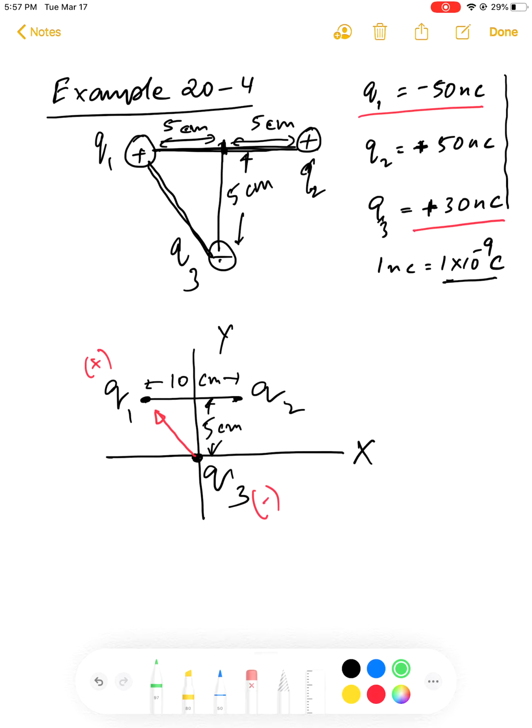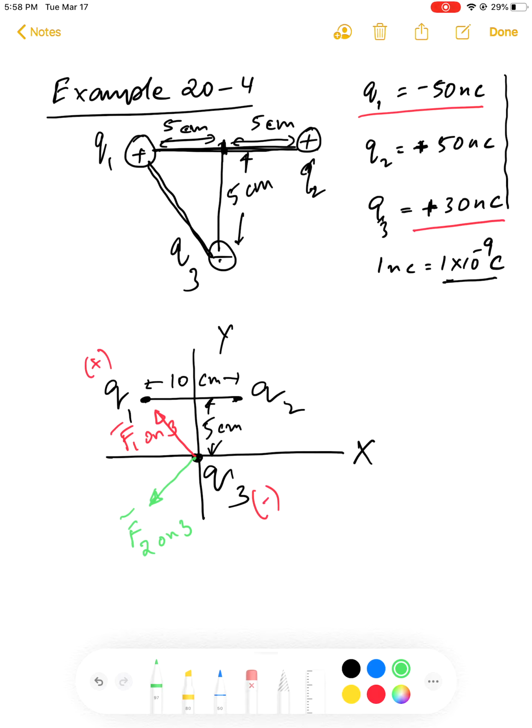Likewise, if you're trying to find the force between Q2 and Q3, then your force should be in this direction. So this is F 2 on 3. This is F 1 on 3. So you have two forces like this.